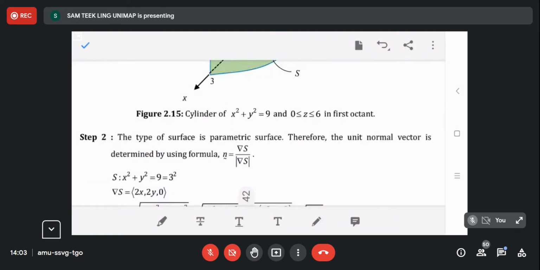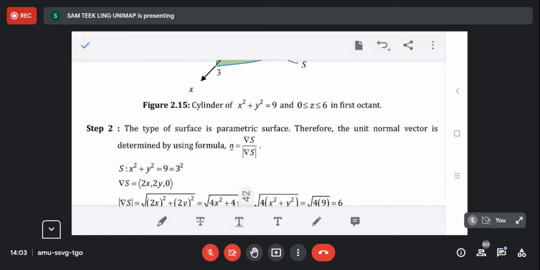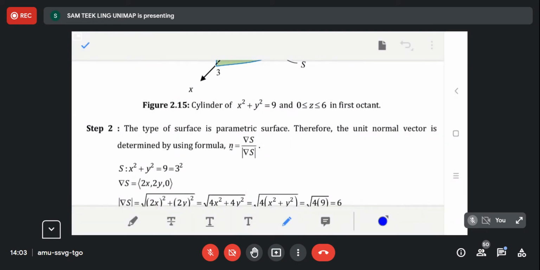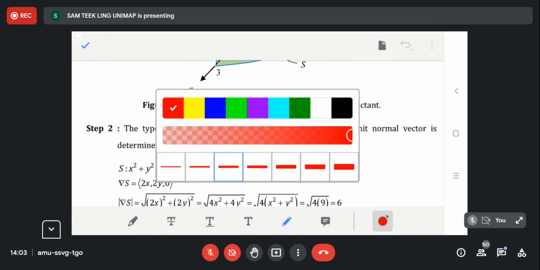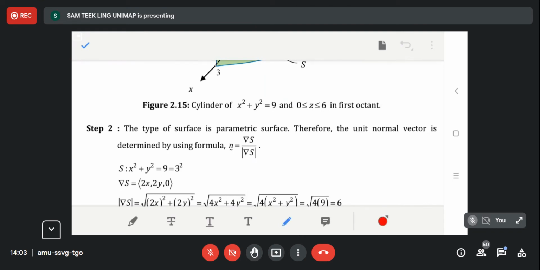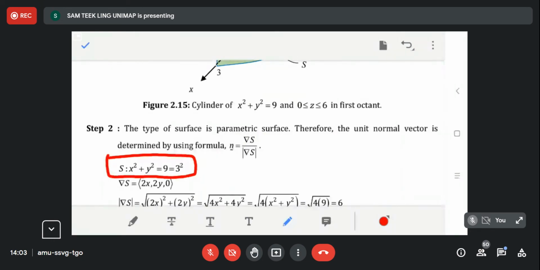So for this question, you need to find del S divided by magnitude del S. So your S is x power 2 plus y power 2 equals 9, 9 equals 3 power 2. So the curved one, the surface, is the curve.